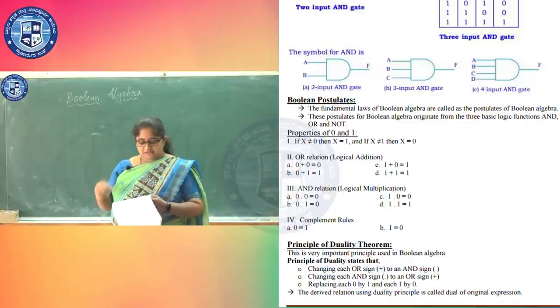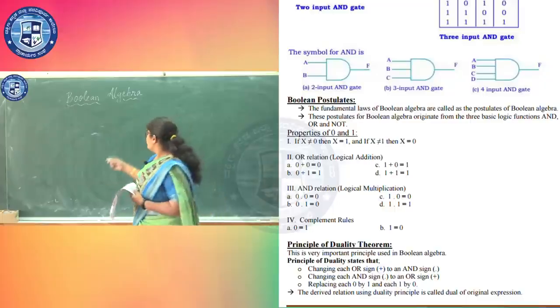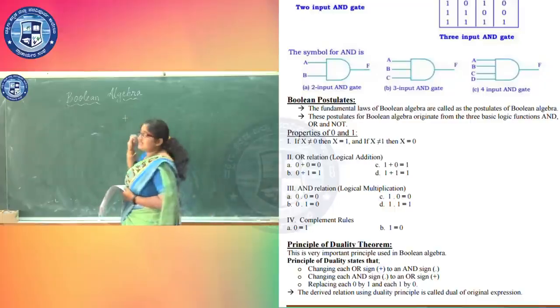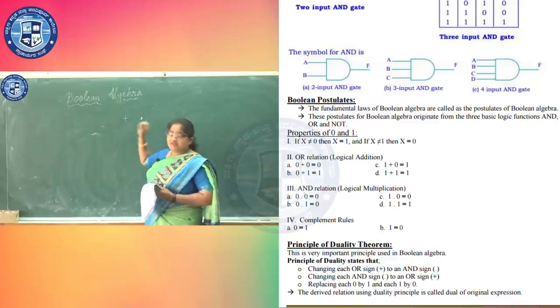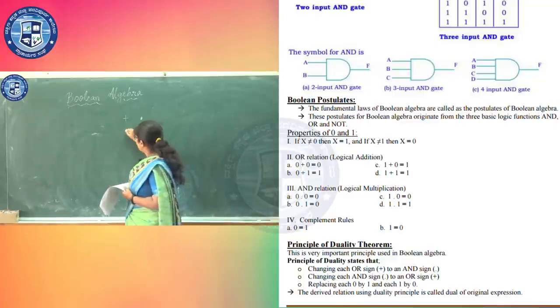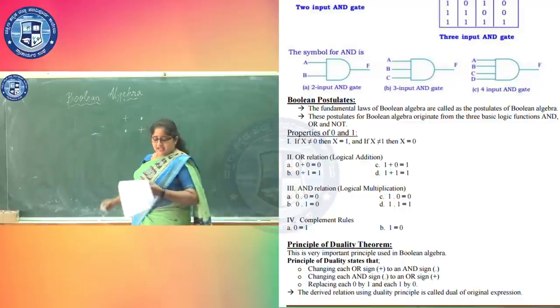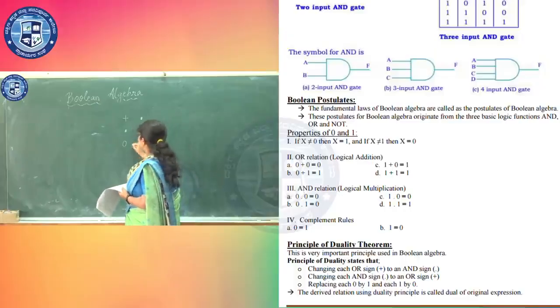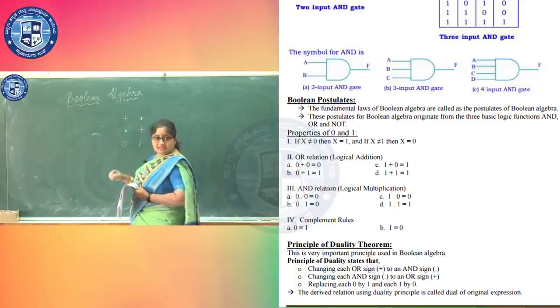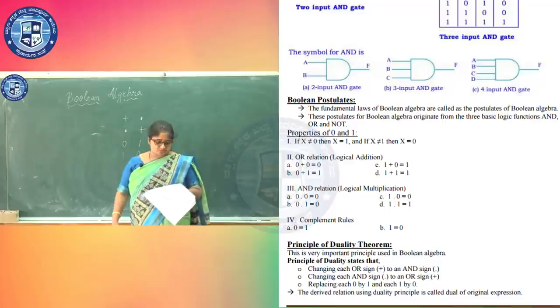The principle of duality states that each plus in an expression is changed with a dot, each dot, or the and symbol, is changed with the or symbol, and in any of the places where we have 0, that is interchanged with 1, and 1 is interchanged with 0.